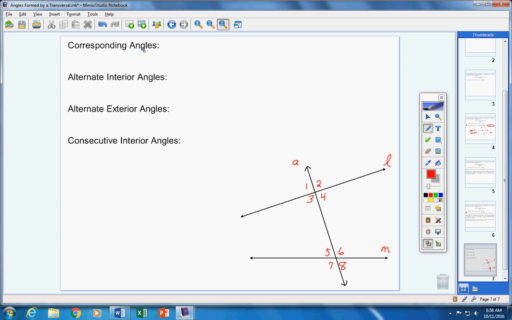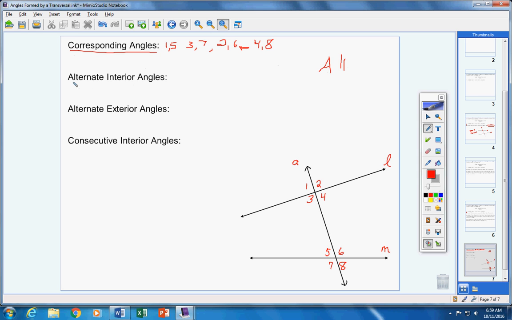For example, corresponding angles would be 1 and 5, 3 and 7, 2 and 6, 4 and 8. They come in pairs of 2, remember? So you would have to list out all, not some, all of the corresponding angles.